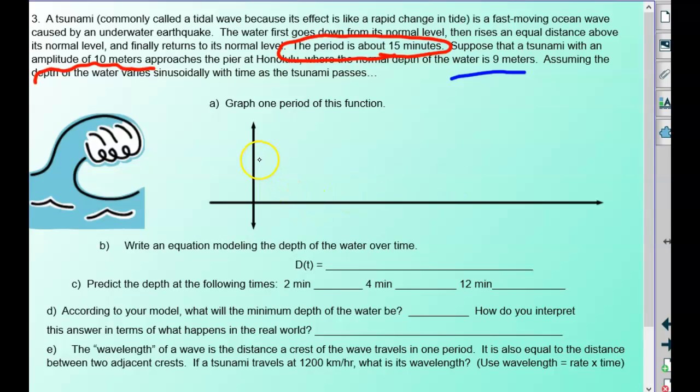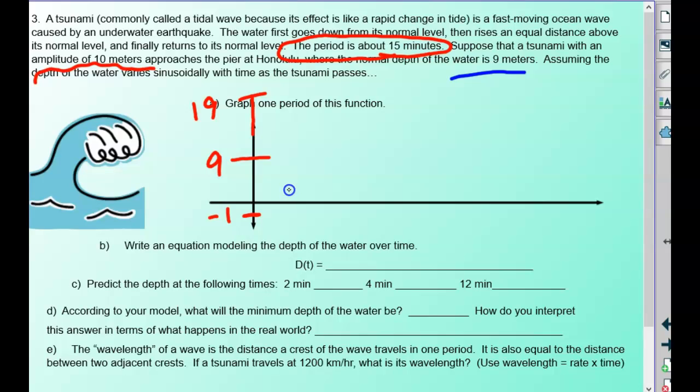So it normally has a depth of 9, but this recedes down to 1 below because it says the amplitude is 10. How high does it get then? 19 meters, which is, yeah, like 3 or 4 meters would be a floor, like 10 feet.